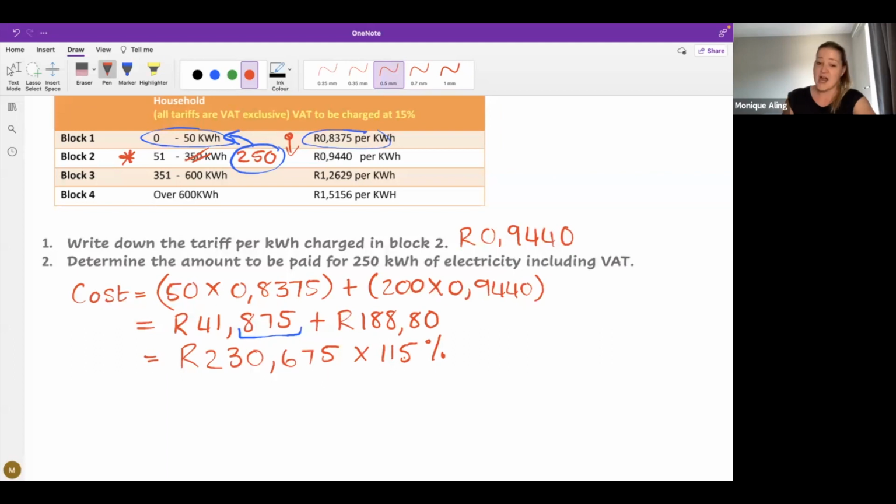This is just the way that I prefer, but you're welcome to do the long method or times by 1,15. And you should get an answer of 265,28. That is the cost of using 250 kilowatt hours of electricity.